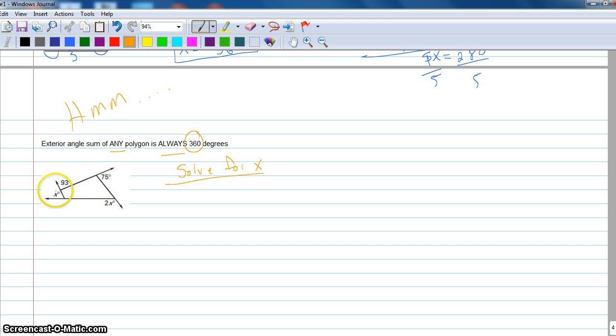So all you have to do is put x, 93, 75, and 2x. You add them all, and it equals 360 because they're on the outside. So x plus 2x plus 93 plus 75 equals 360. Well, x plus 2x is 3x, and 93 and 75 are 168.